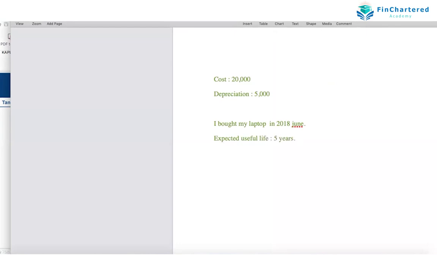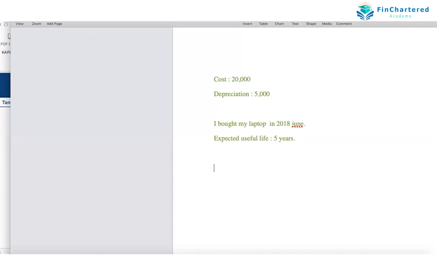I thought after 5 years, I'll have to buy a new laptop. But 2019, 20, 21, 22, 23. In 2022, 23, I started realizing that this laptop, even today, is as good as new. It is fast. It is very good.